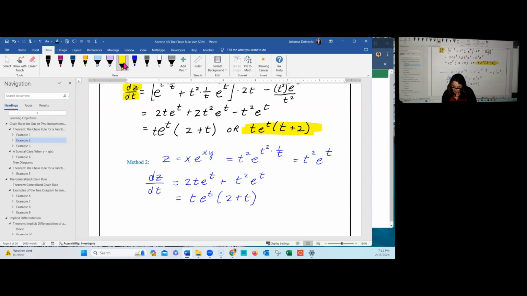And I get the same result that I got with the first method. In this case, the second method was far simpler. Unfortunately, you will never know which method is going to be simpler until you try it. In some cases, method 2 might be a nightmare, but method 1 is doable. In some cases, method 1 is longer and method 2 is shorter.